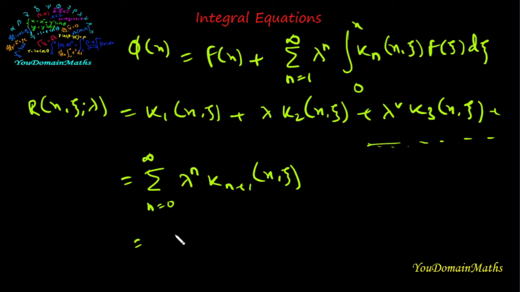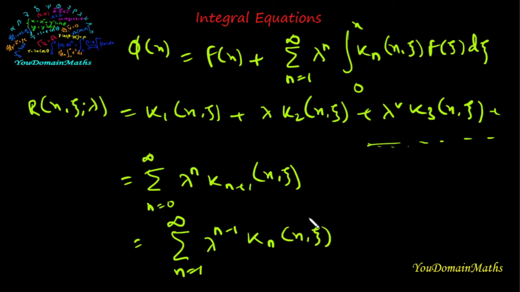This series can be written in this form, starting from n = 1, as λ^(n−1) Kn(x, ξ).